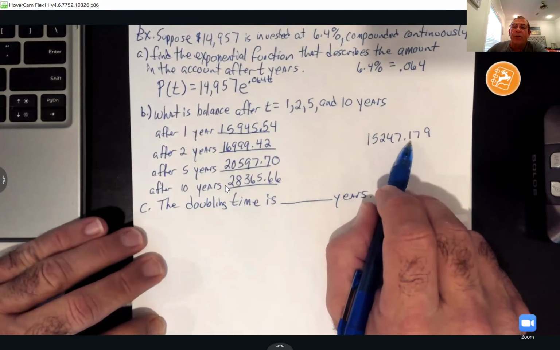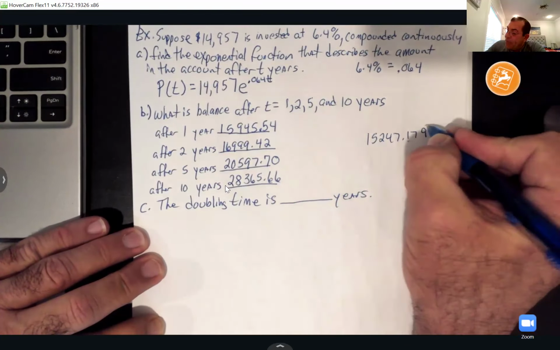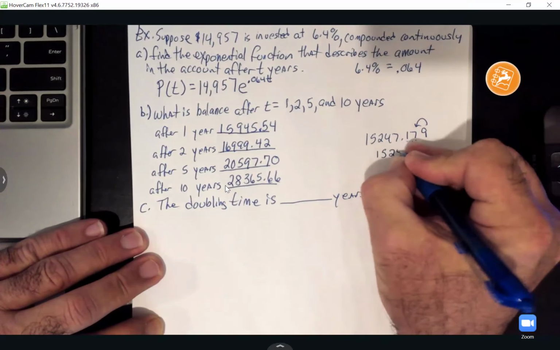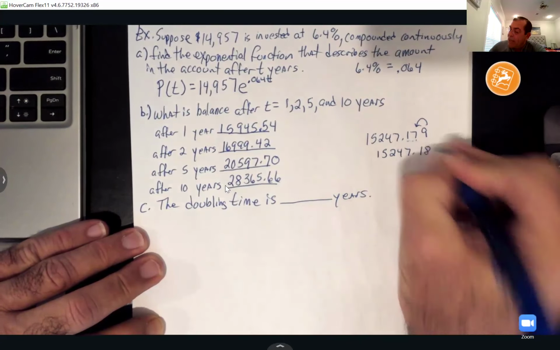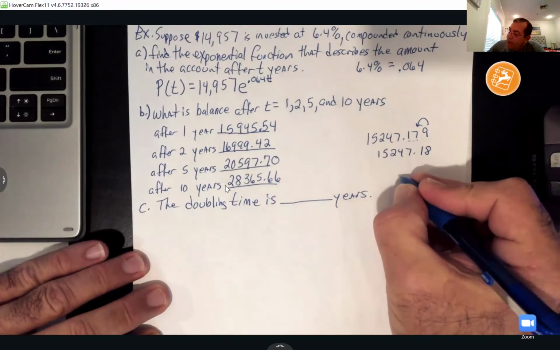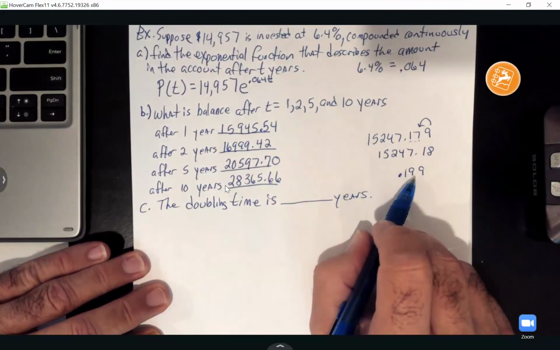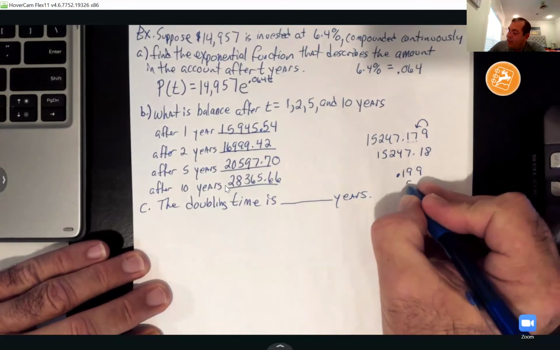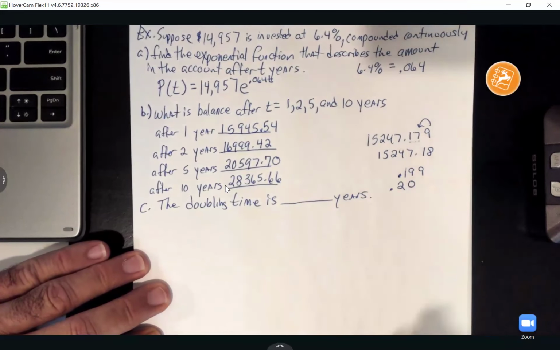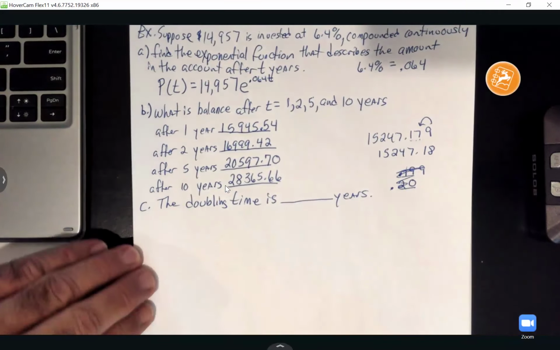Since yours is 2 decimal places, the only thing happening is that 9 making that 7 into an 8. So yours is 15247.18. What you got to worry about is if you would have had a 0.199, then the 9 would have turned into a 0, and it would have made the 1 turn into a 2. So you really just got to worry about doing that if you got 9s in that last digit. Okay, thank you.